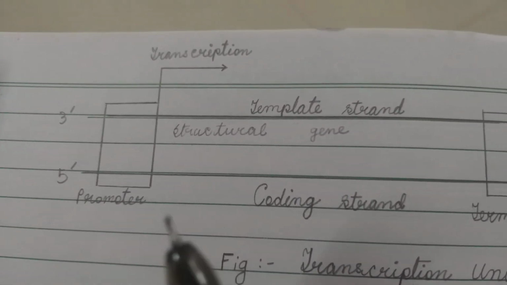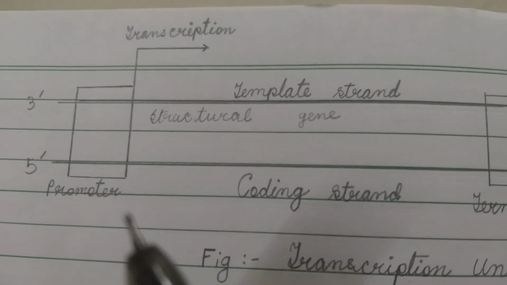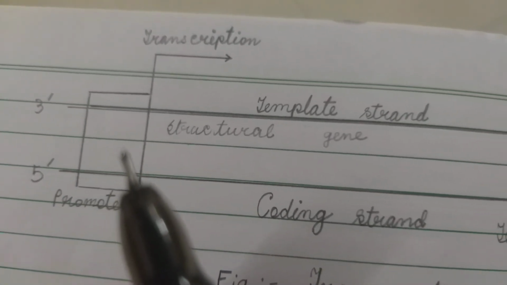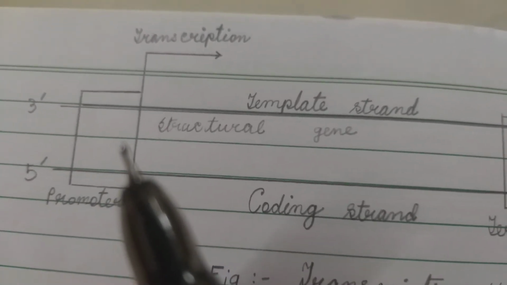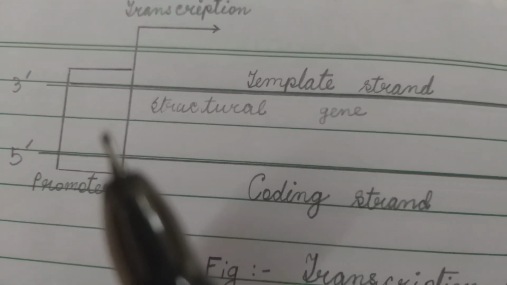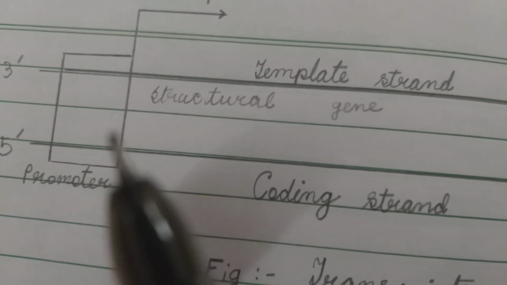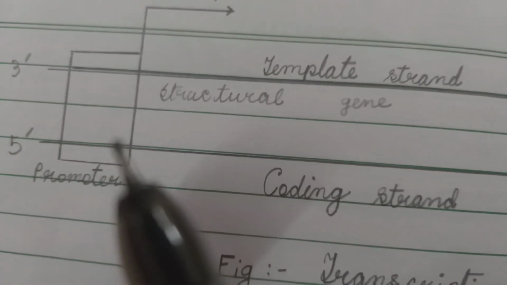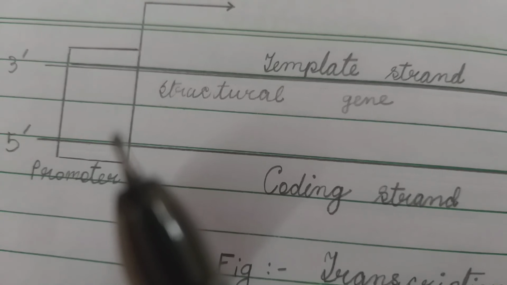The enzyme RNA polymerase, which catalyzes synthesis of messenger RNA, binds to the promoter. So the promoter gene signals the beginning, the initiation of transcription. It is the gene to which RNA polymerase binds.